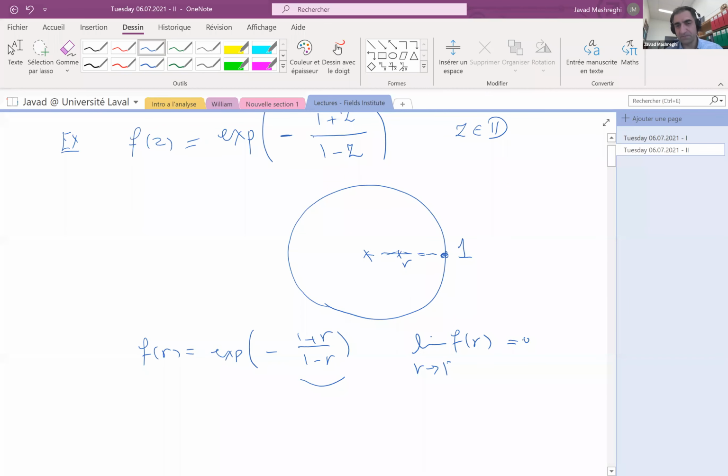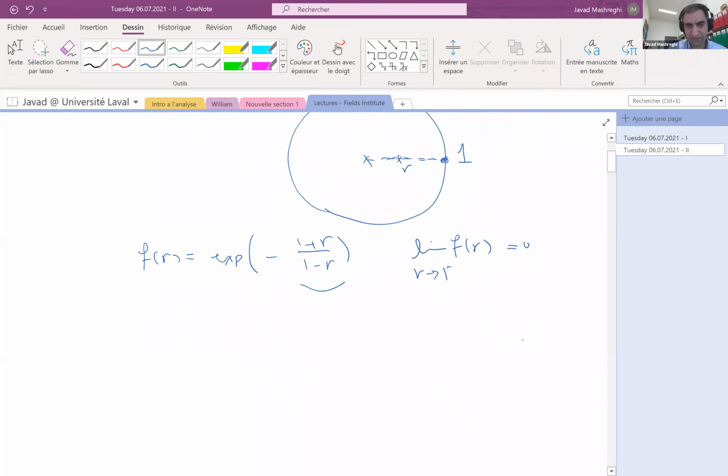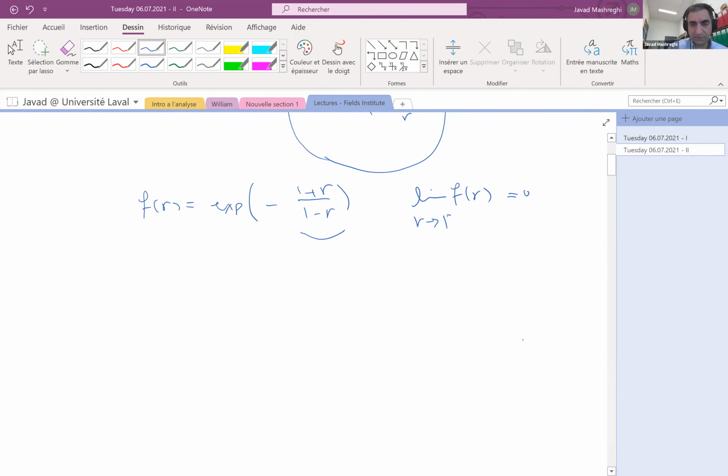This part is easy, a little bit of work that is not really difficult. I leave it as an exercise for the students.